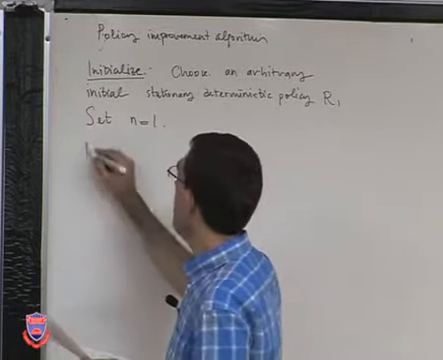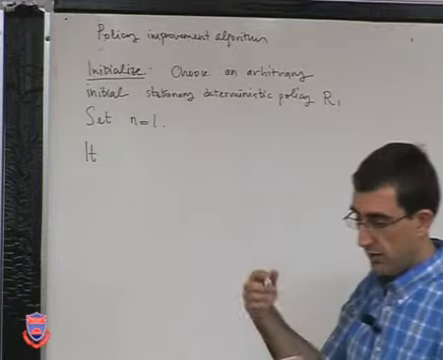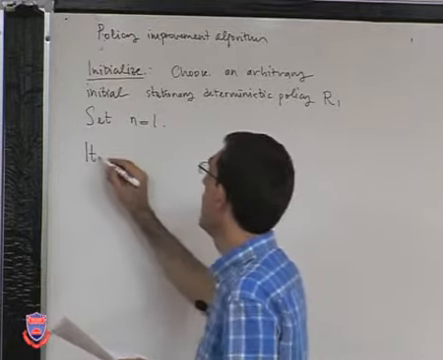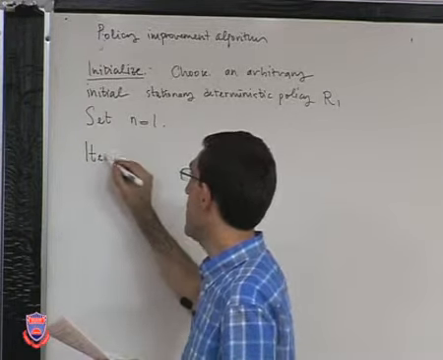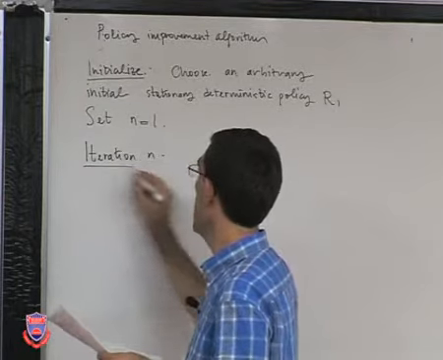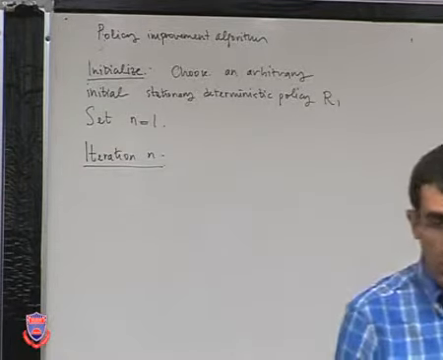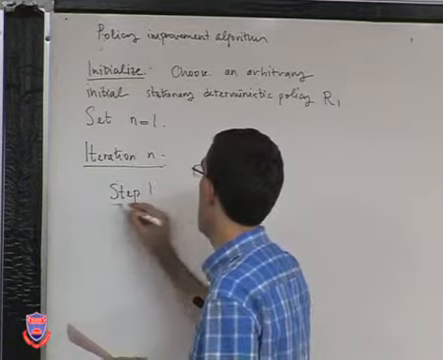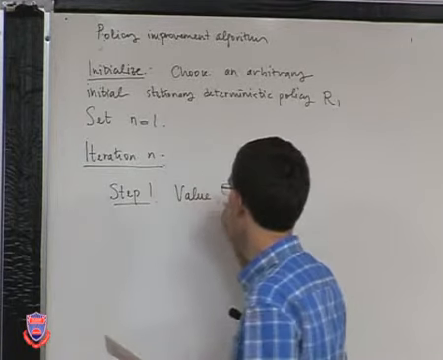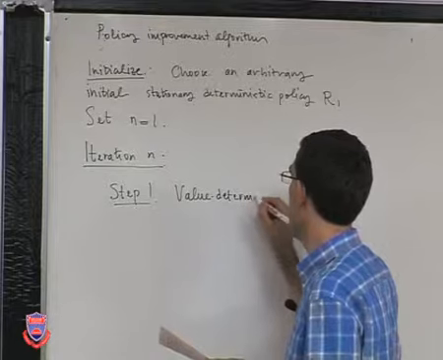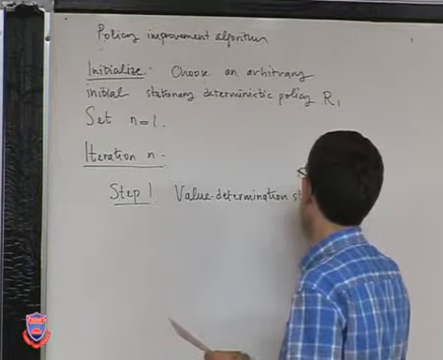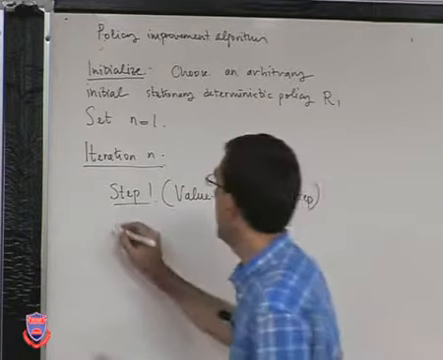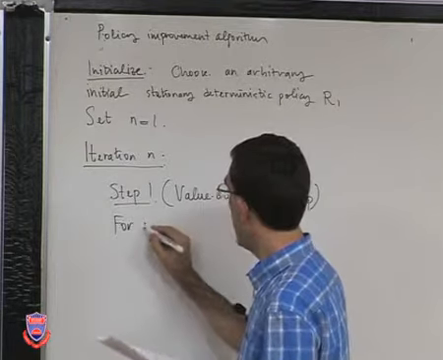For each n, if the algorithm has not stopped yet with an optimal solution by iteration n, then we have the nth iteration, which consists of 2 steps. The first one is the so-called value determination step.